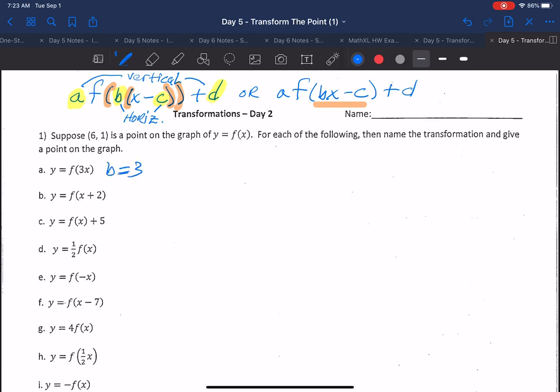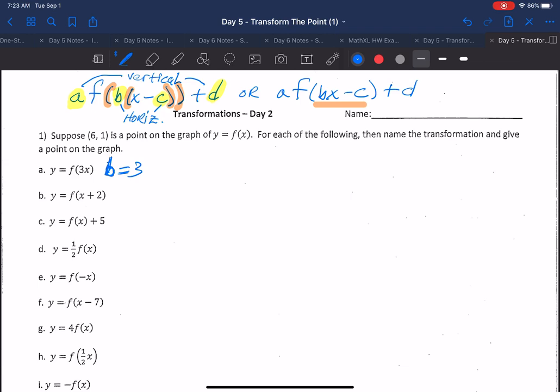And what we hopefully have learned, and I know it's been short notice, this is a whole new year, which is really challenging because we're moving fast. If B is greater than 1, then it's the opposite of if A is greater than 1. Instead of being a stretch, it is a shrink, okay?